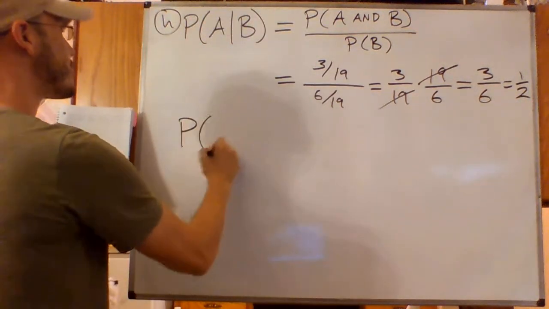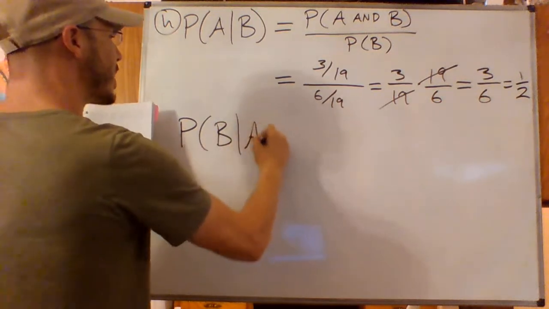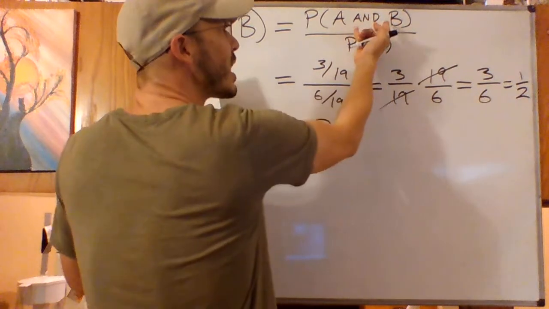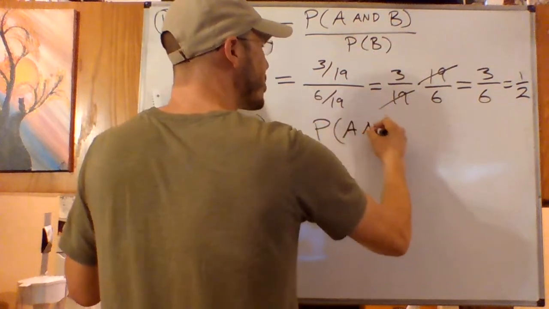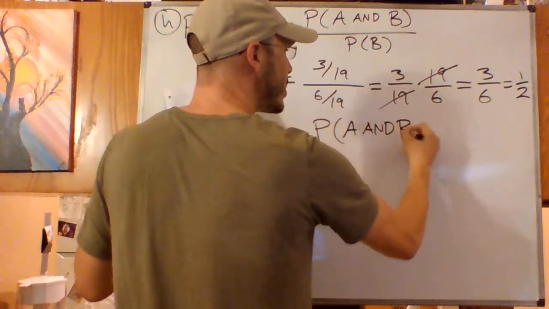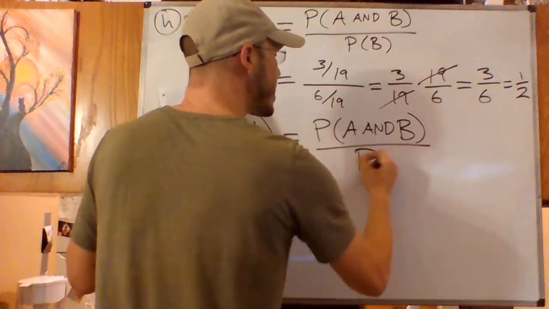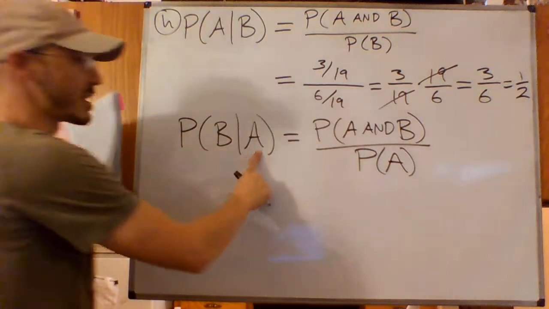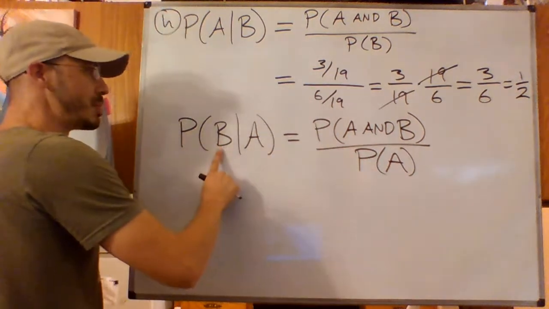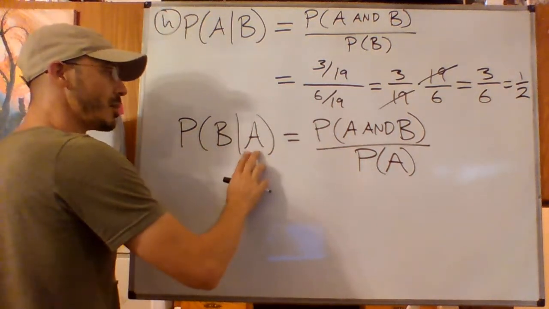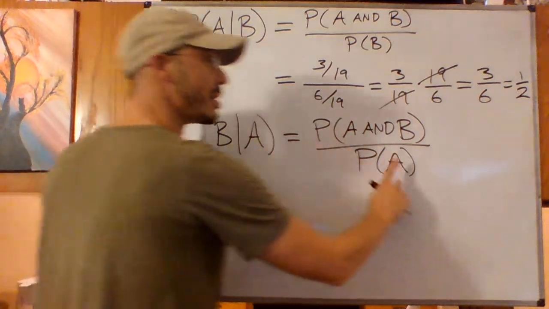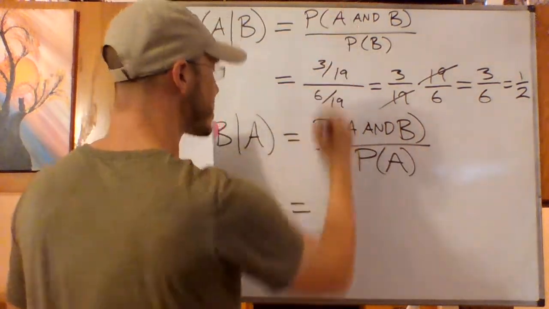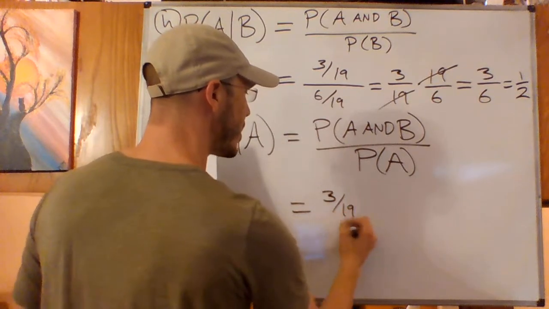For the other one, the probability of B given A, that's the probability of B and A, or A and B. We called it this before, so let's call it that again. Divided this time by the probability of A, because A is the condition, B given A, or B under the condition A. The condition is A. This one, A and B is the same as before, 3/19.